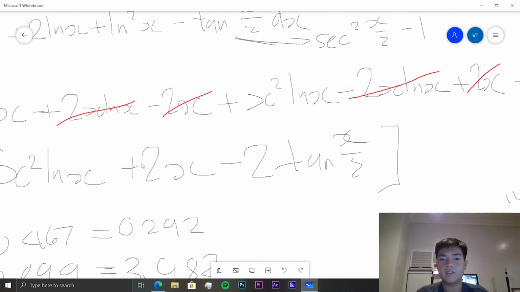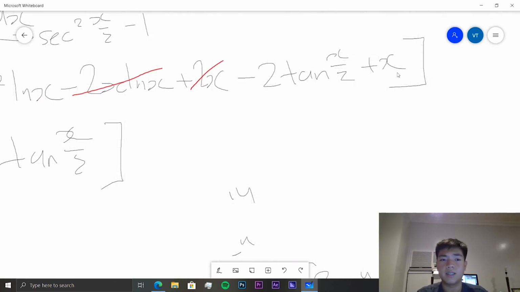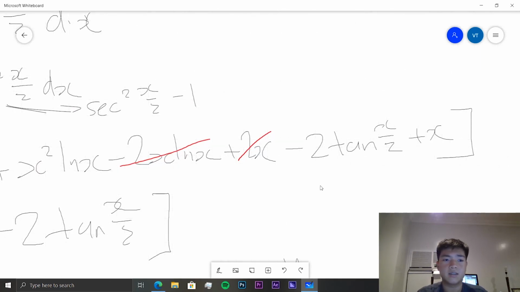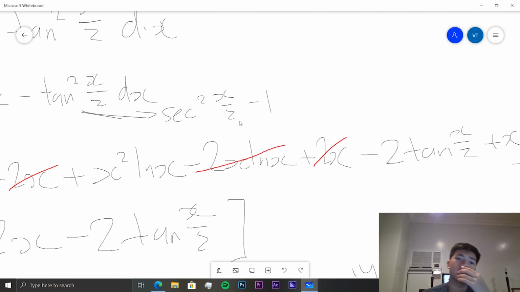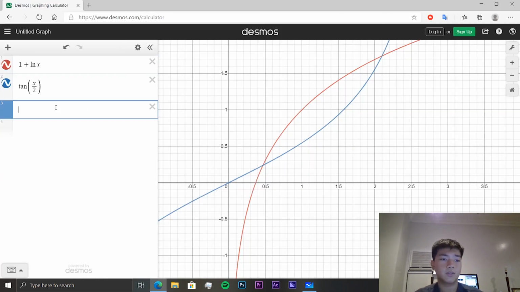I wonder if it's this 2x here, because this could be a mistake. Secant squared x equals... Yeah, no, it's plus 1 though. Let's check with decimals.